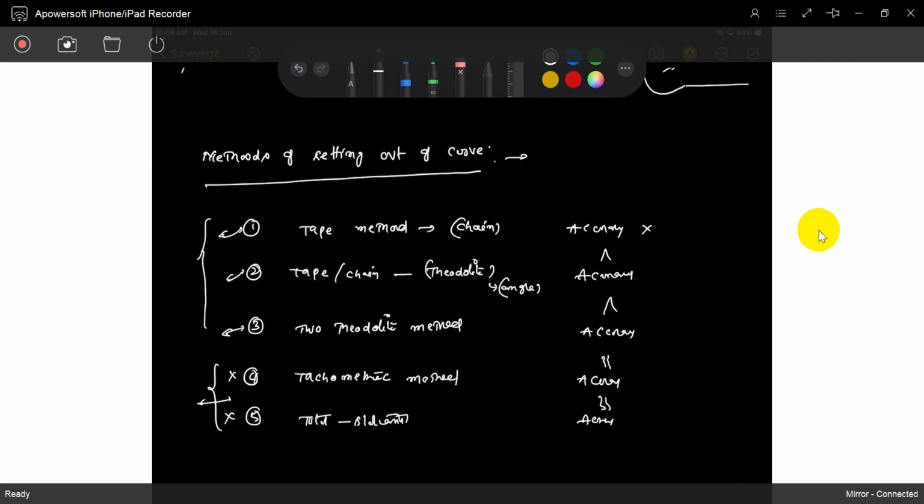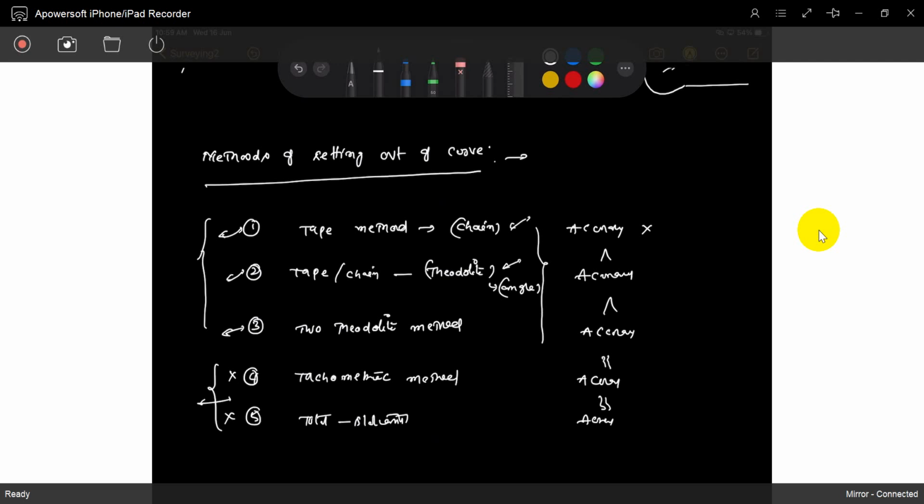Why so many methods? Because of the availability of the equipment. If we have only linear measurements, there are some methods for that. If you have only one theodolite and some linear measurements, go through these methods.